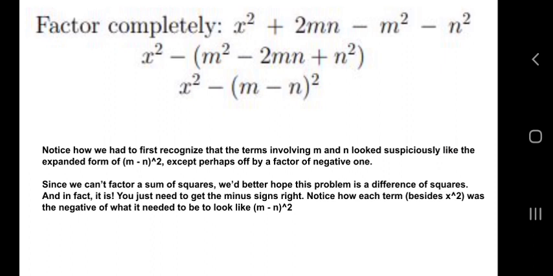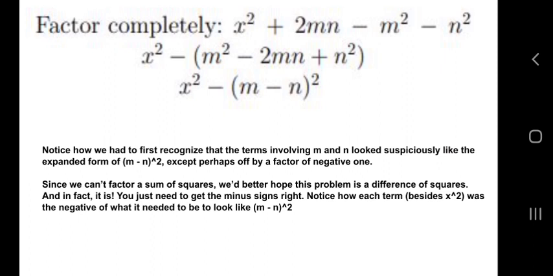All of that times, we're going to begin our left parenthesis, x plus m minus n, and then insert the right parenthesis there. So that's going to factor like that. And that is the complete factorization of x squared plus 2mn minus m squared minus n squared.